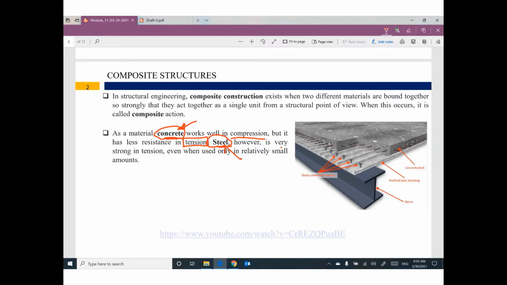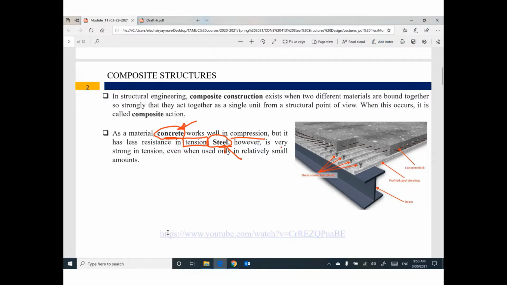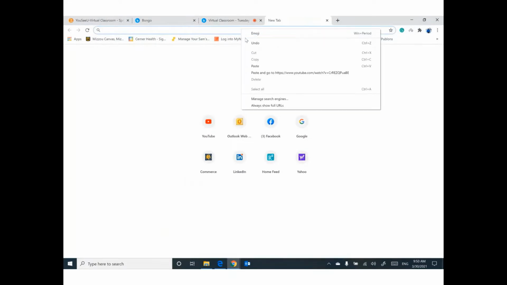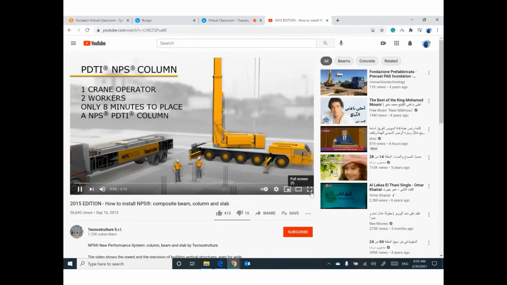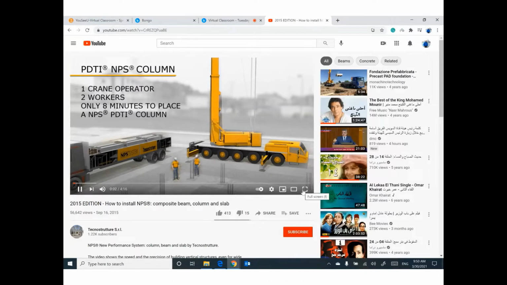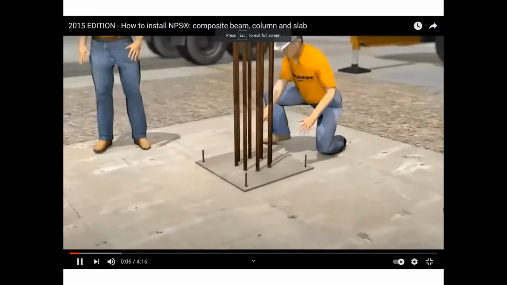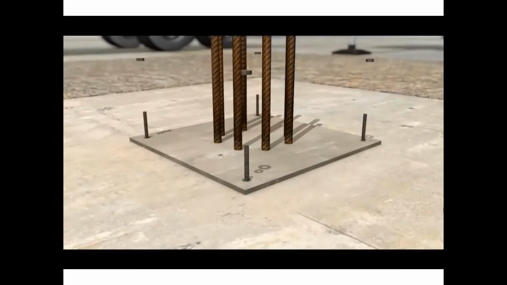Let's watch this video and see the construction of composite building. How it works. This video is without sound.